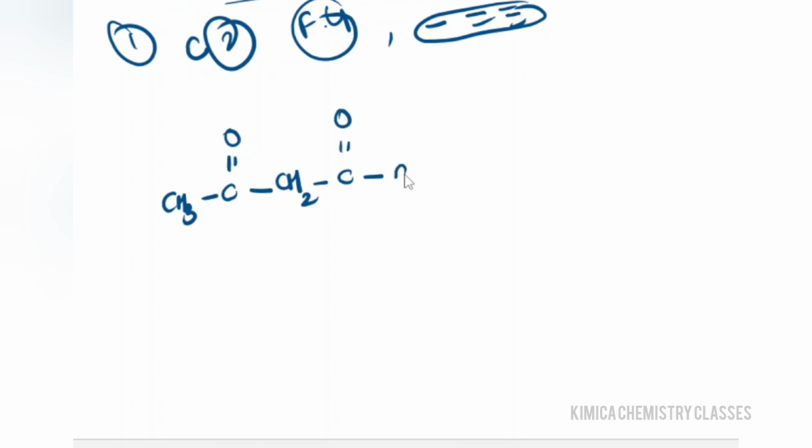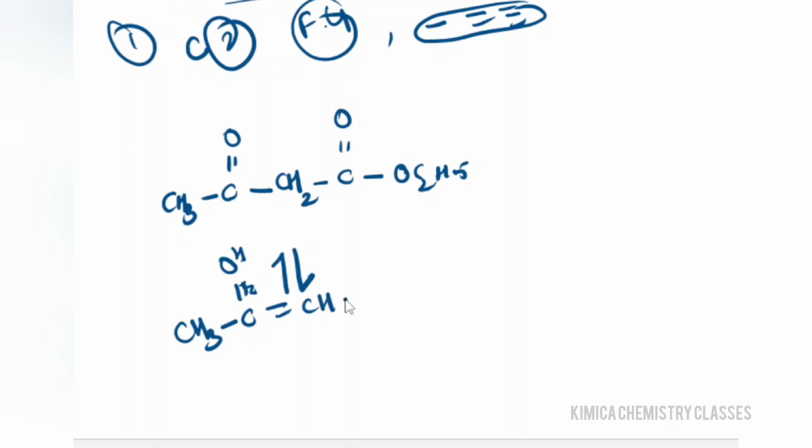They have two forms, enol form and keto form, and there is equilibrium between both forms. The next form has OH, and the double bond is here, with CH and OC2H5.